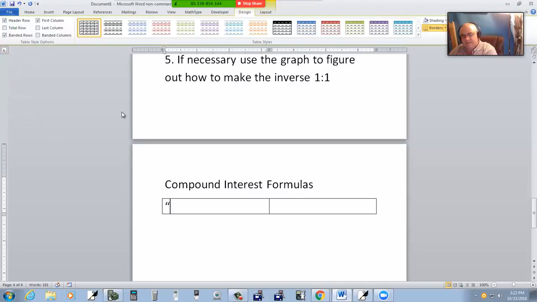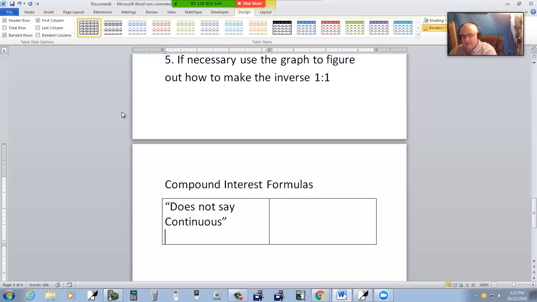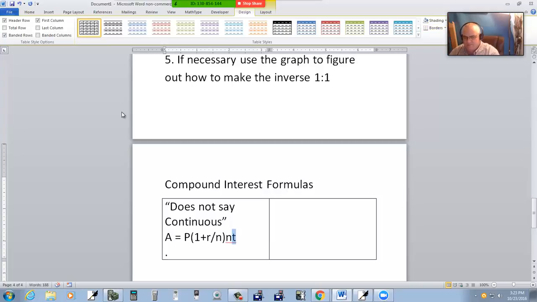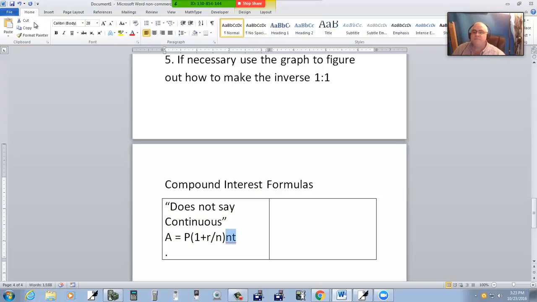If it does not say continuous, then you use A is equal to P times 1 plus R over N to the NT power. Now if it does say continuous, then you're going to use A is equal to PE to the RT power.